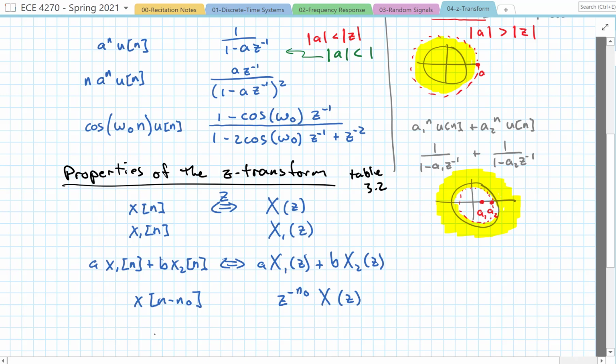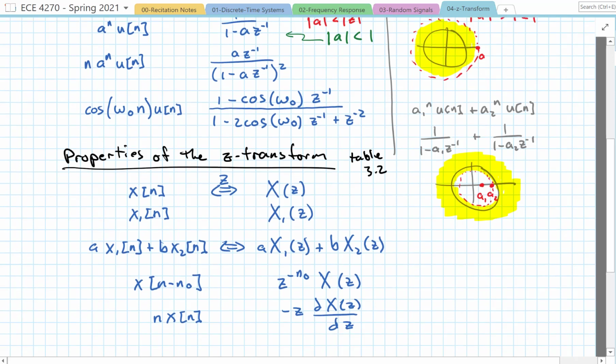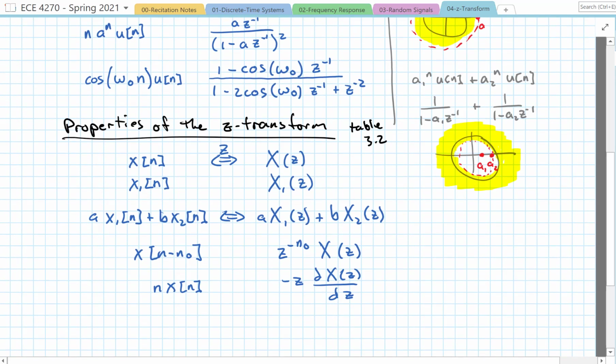One that's not used as often, but we saw where it was used up above in one of the examples, or at least it can be used to derive that pair, is if you take the derivative with respect to z and multiply by negative z, you get n times x of n.